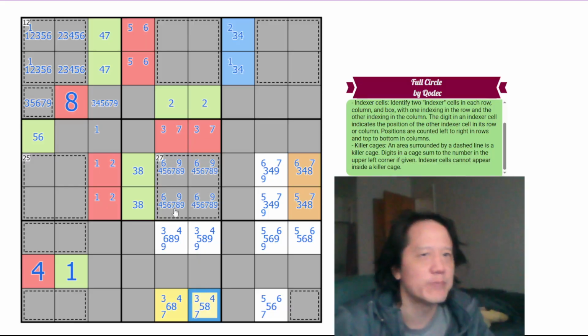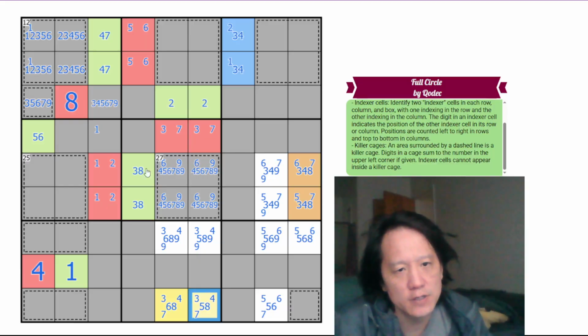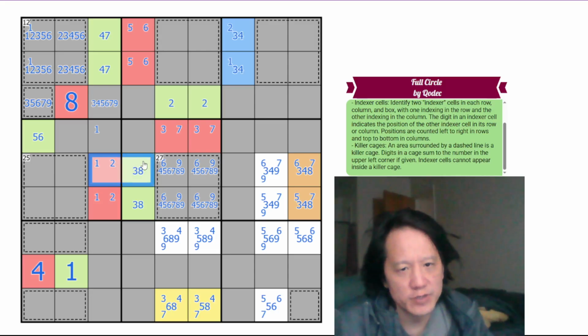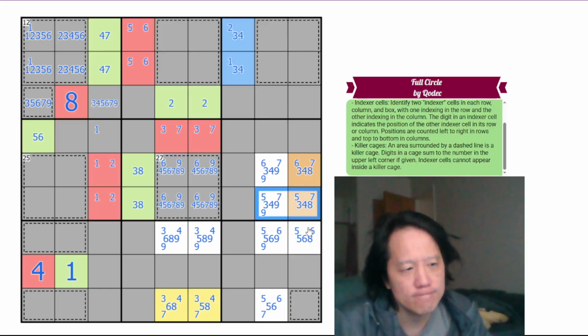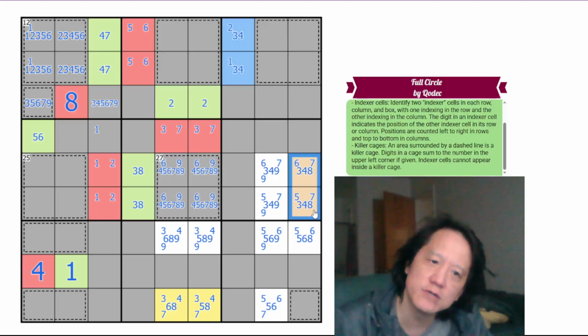Okay, so what happens if that's the case? So say you have both of these be indexers, then these must be indexers. So can you ever have both indexers here is kind of the question, right?